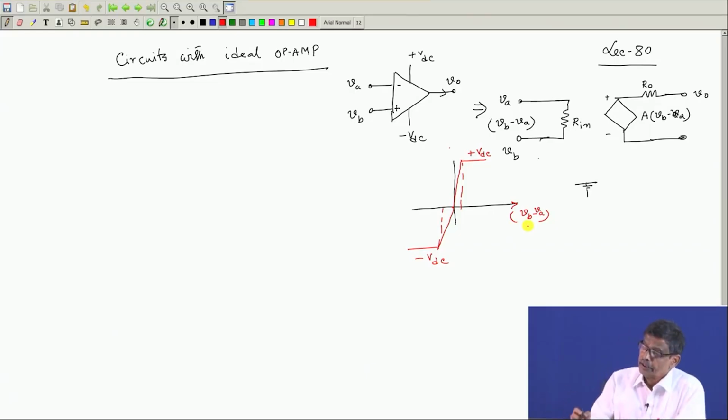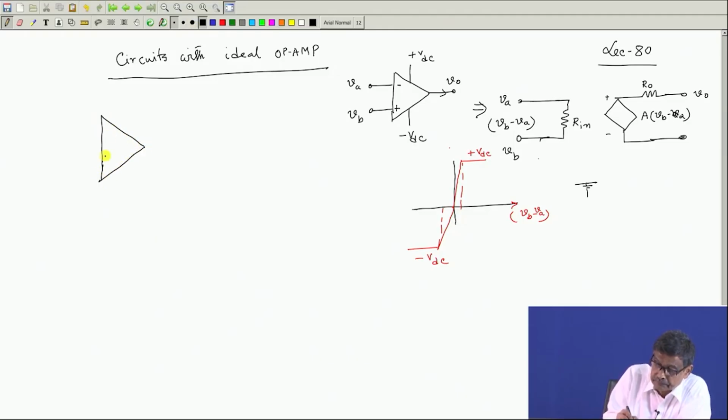For example, if somebody says I have an op-amp which is not so ideal, but these values are given, then how to solve it? Let us take the simple circuit we did last time, just to tell you the implication of these terms. This is minus, this is plus.